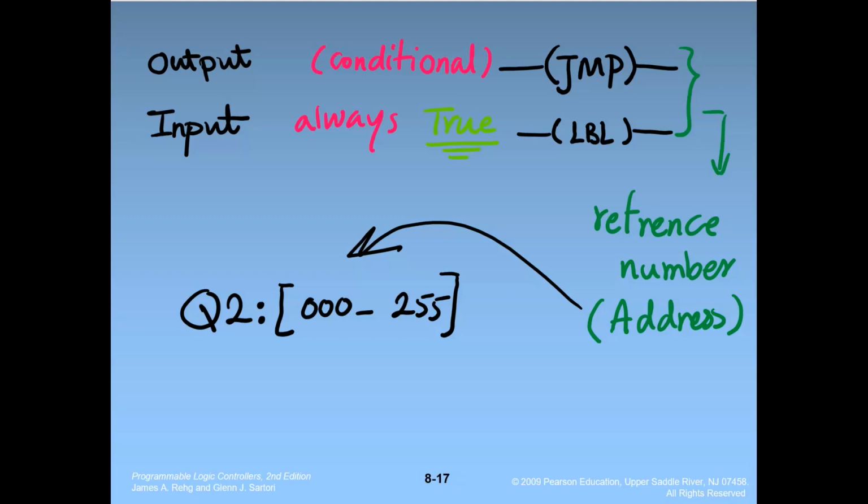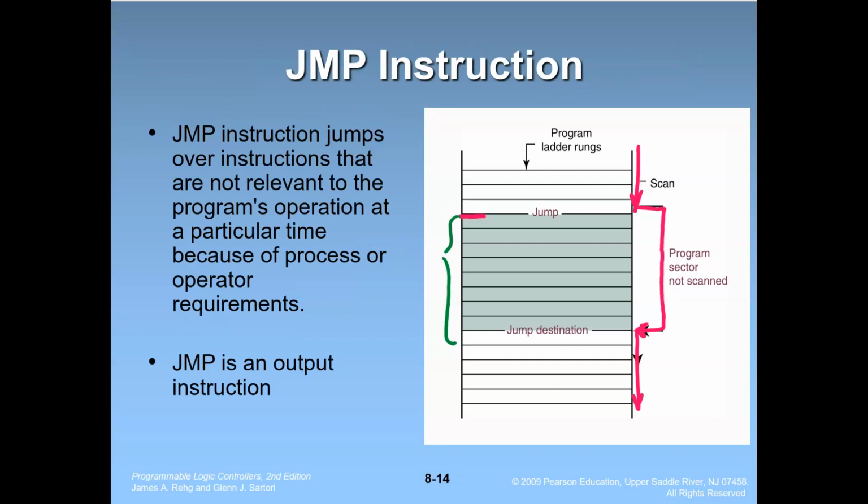Let's say this is a reference number, not an address. This reference number basically helps the jump and label in the program to know which label is related to which jump instruction. When the scanner is reading and executing the program and reaches a particular jump instruction, for example what we have here, then according to the reference number, it can find the destination.